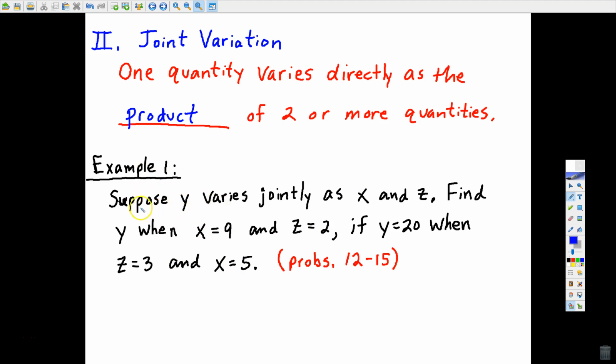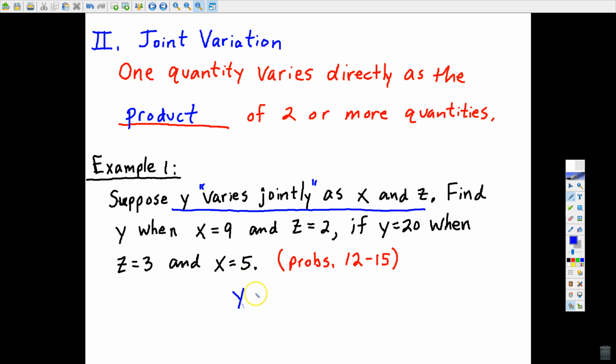All right, so suppose y varies jointly. When you see those words, you know that you've got direct variation, but instead of just k times one variable, you're going to have k times 2 or more variables. So let me just take this phrase and translate it for you into an equation.